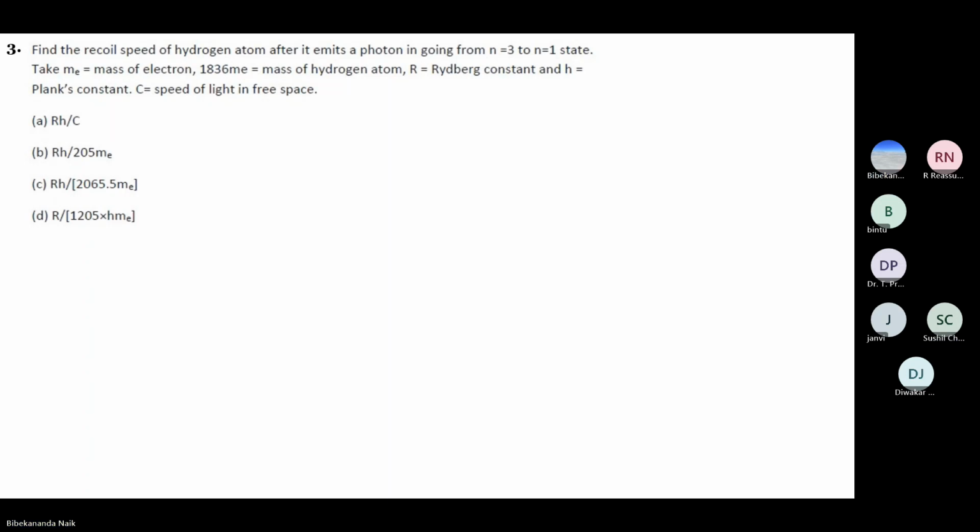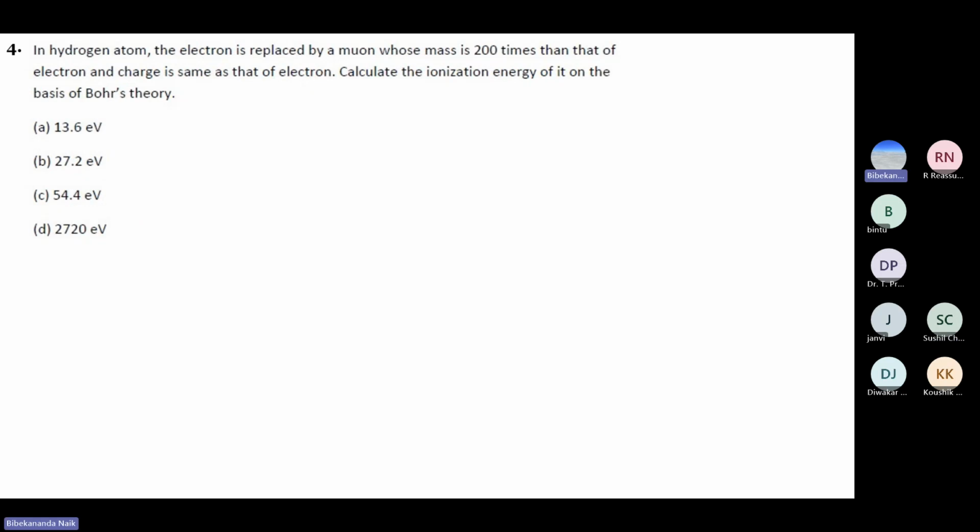So first we will calculate the energy of the photon which is emitted. Then from that energy, we will calculate the momentum of the photon. Then from that, we will calculate the velocity.